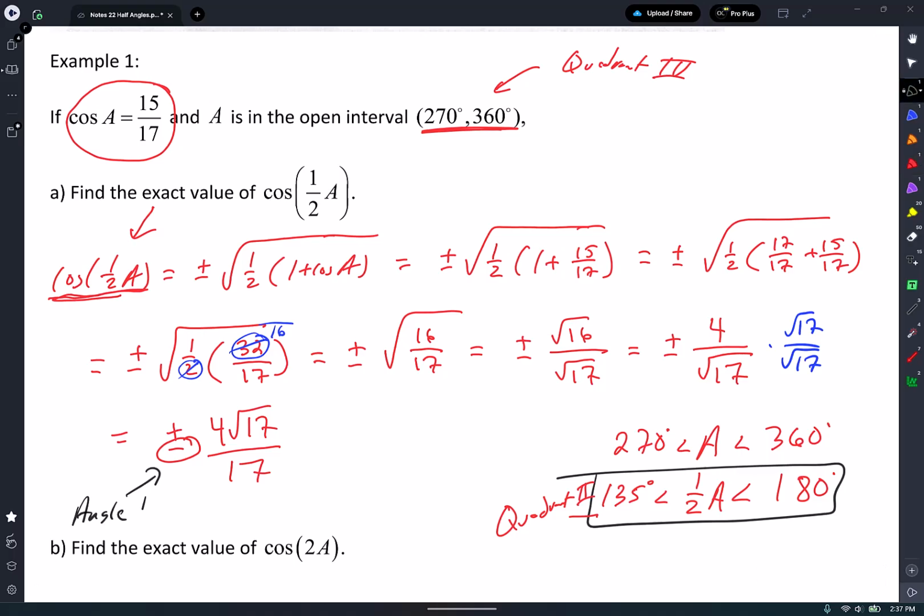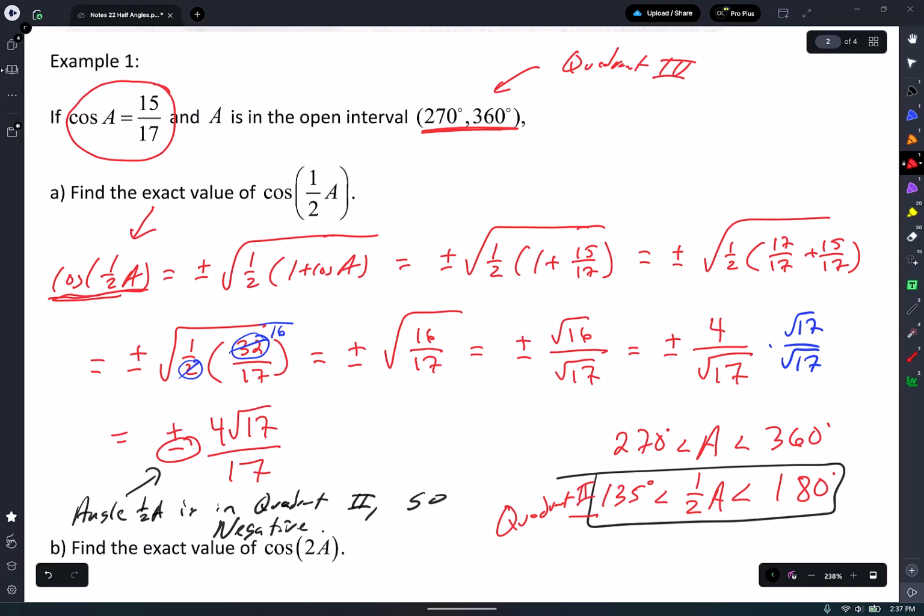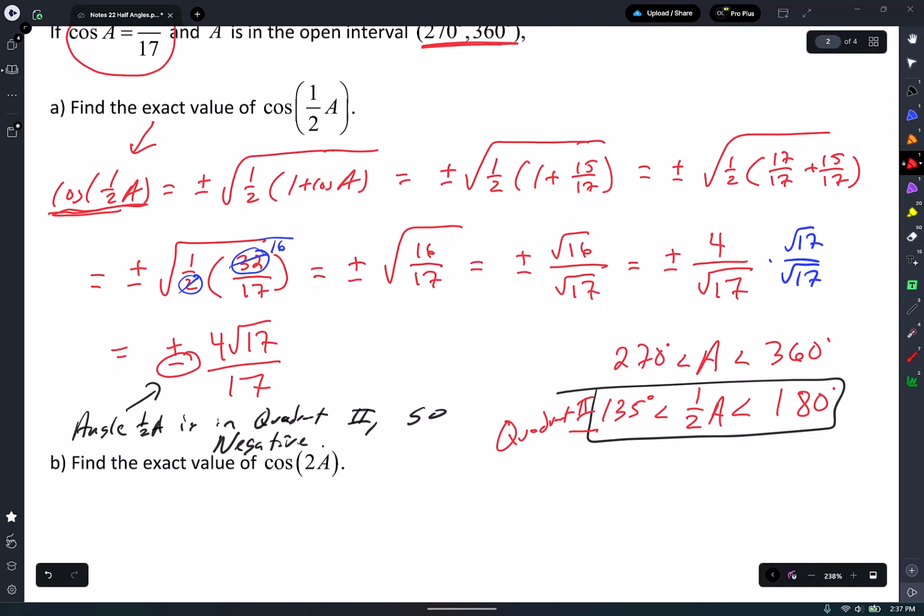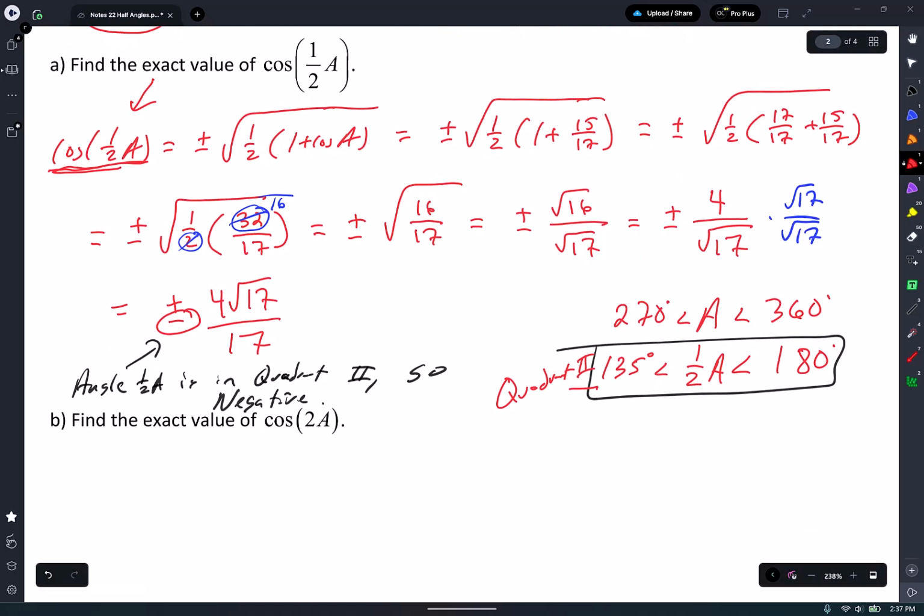Angle half A is in quadrant 2. So, negative. So there it is, guys. How'd you guys feel? Do you guys feel okay? Yeah, it wasn't too bad.